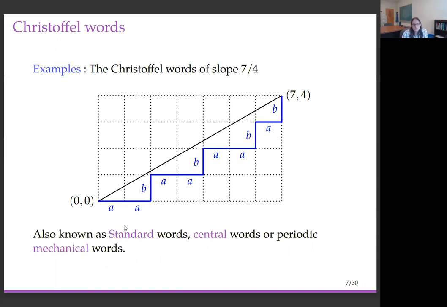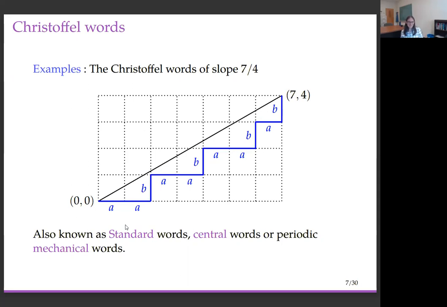They are also known as standard words, central words, or periodic mechanical words in the literature. They have been studied a lot, and we know a lot of combinatorial properties of those words.